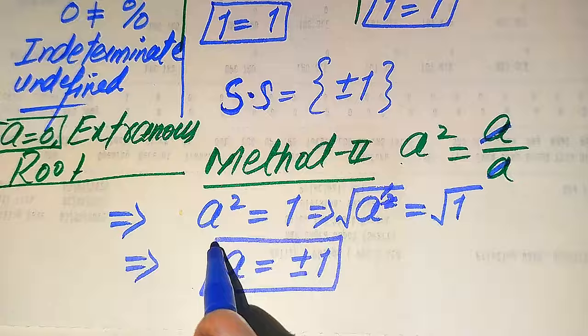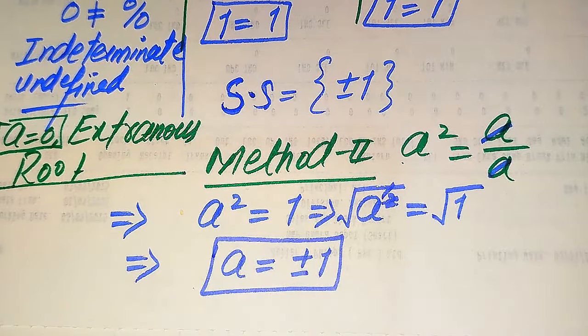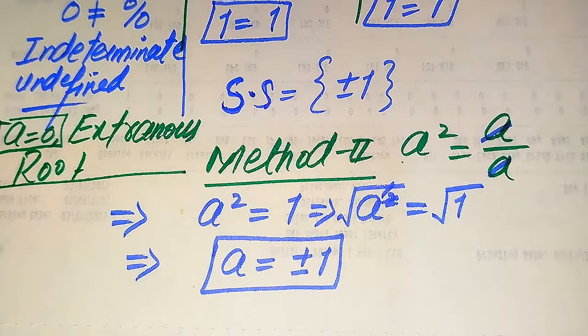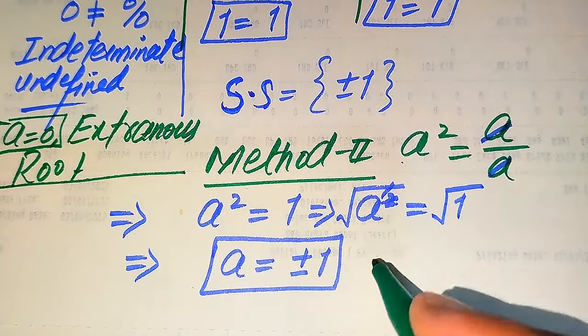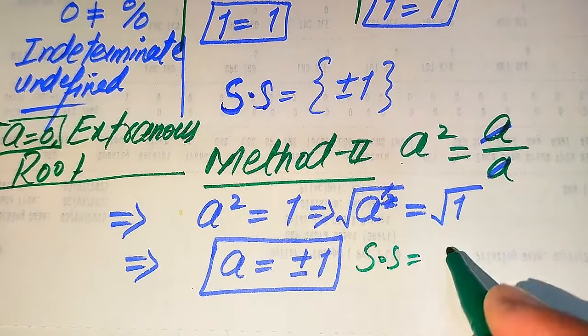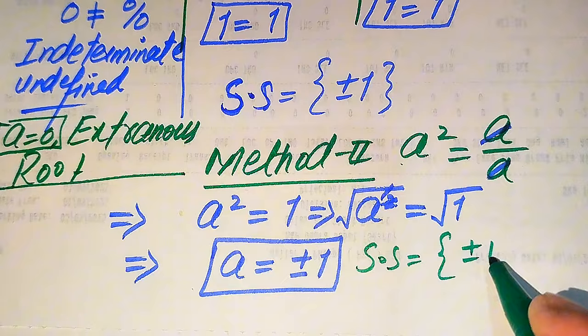So these are the two values of a which we get here from the second method, and also as in the first method we will verify that both of these two values of a satisfy our given equation. So in the second method we get the solution set of the given equation as plus minus 1.